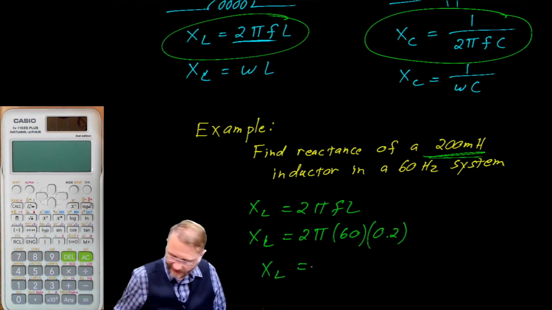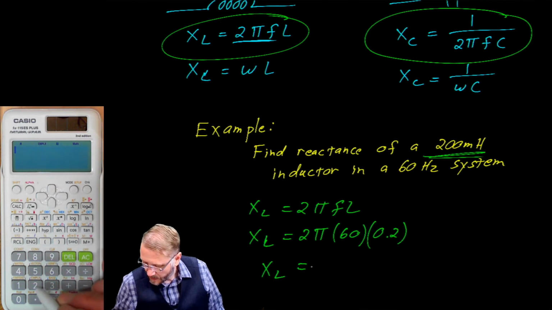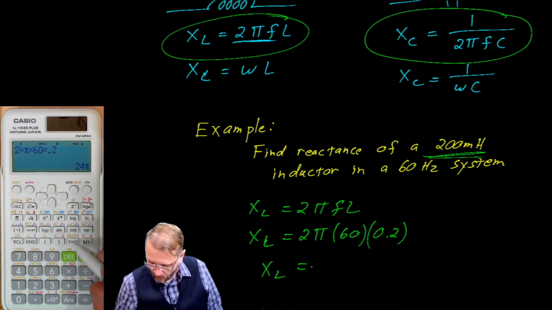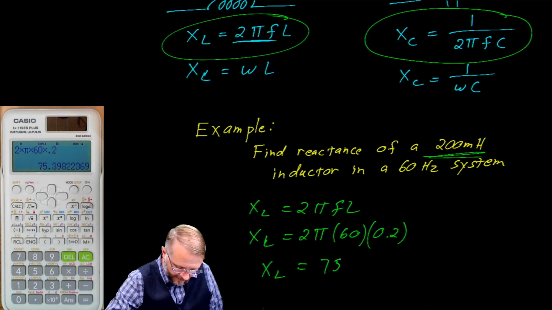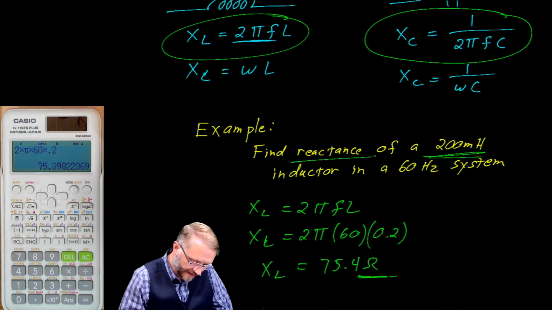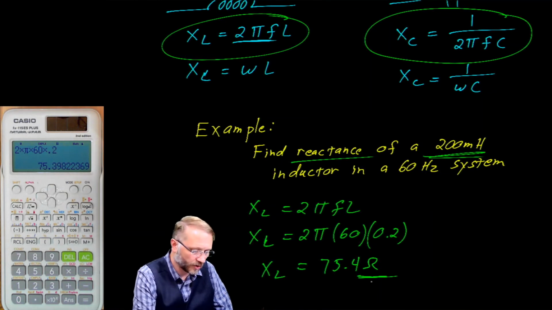So the inductive reactance is 2 times pi times 60 times 0.2 gives us 24 pi, or we could just write 75.4 ohms. We see that reactance has units of ohms.